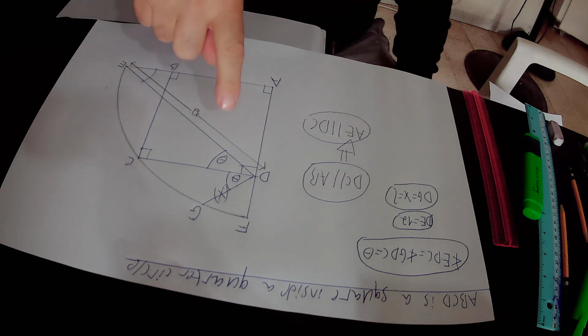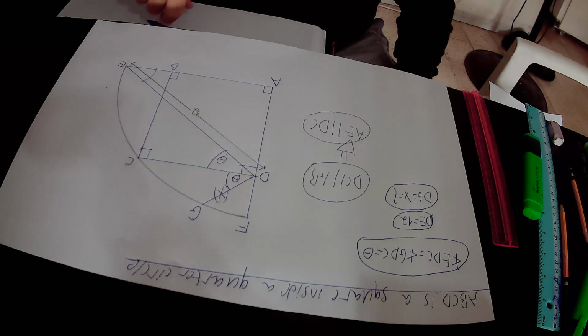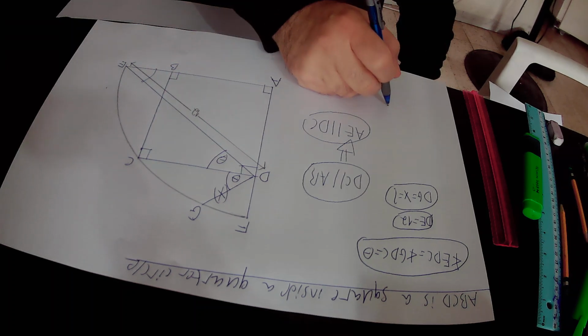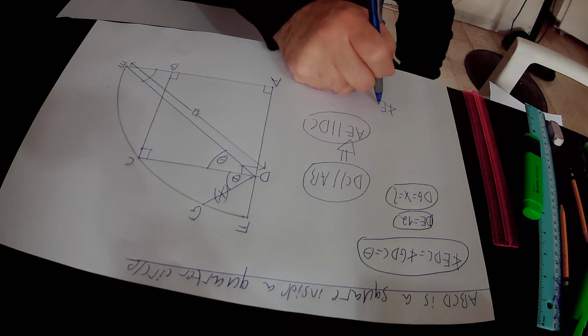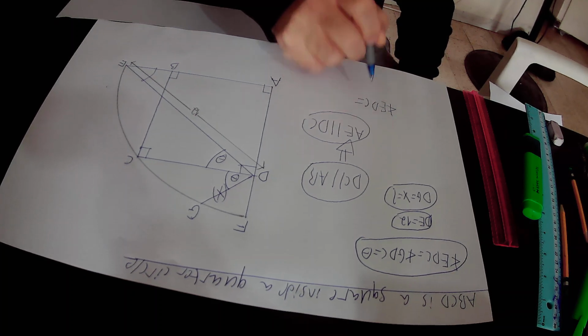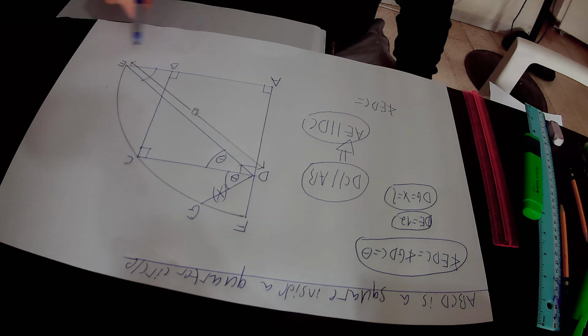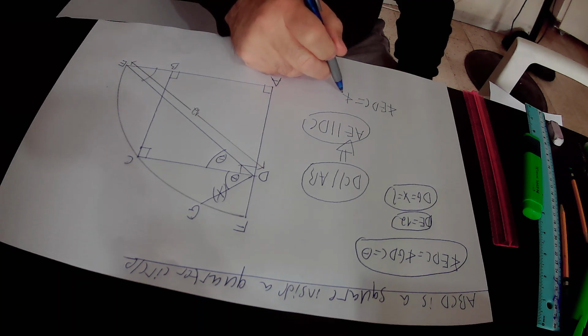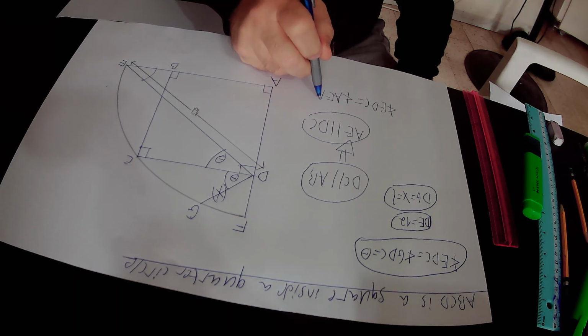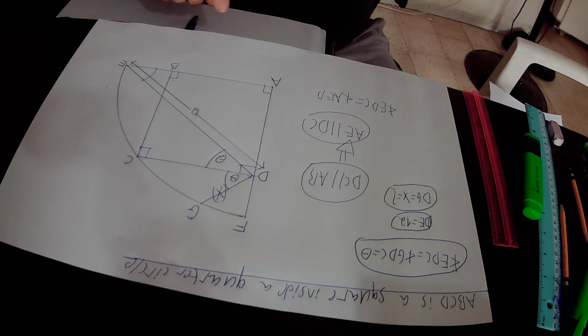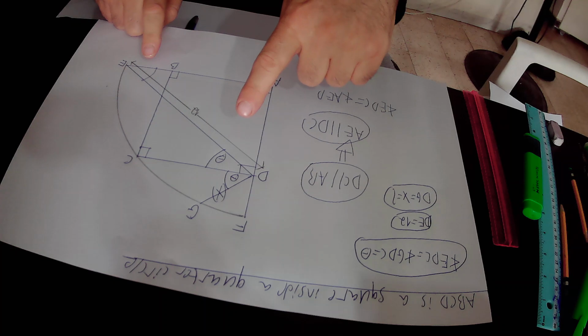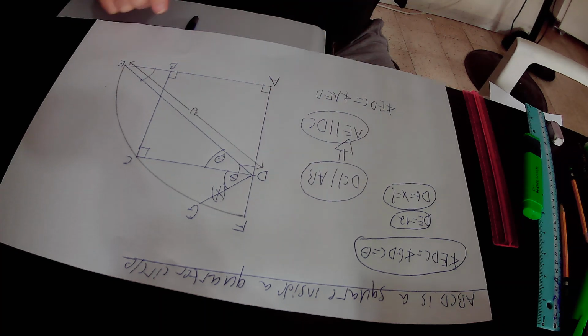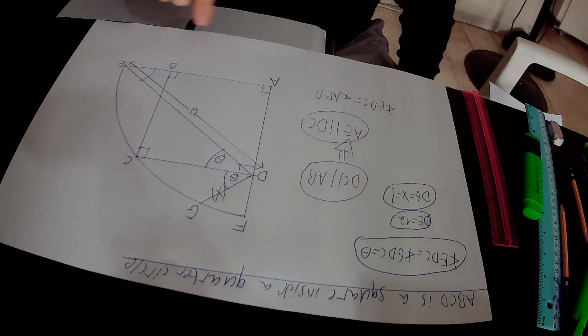So actually, this is angle EDC, and this is angle AED. So angle EDC equals angle AED because those two angles are alternating angles located between the parallel lines AE and DC.